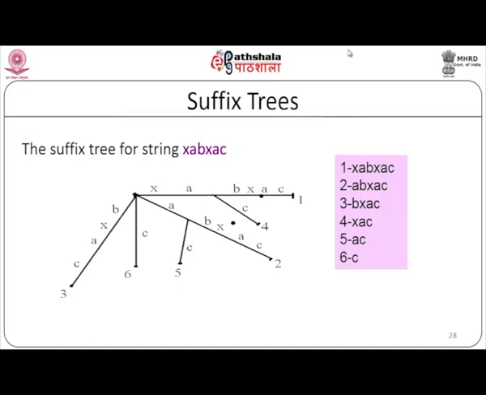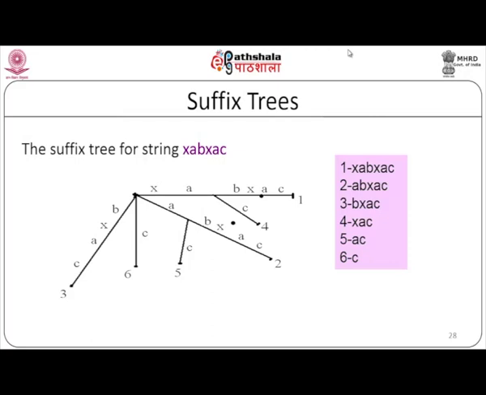So XA, BXAC and XAC are put together. Now you have AB, XAC, and you have AC coming, so that is taken from there. Then you have BXAC separately, and then you have C. So this is how the suffix tree looks like.